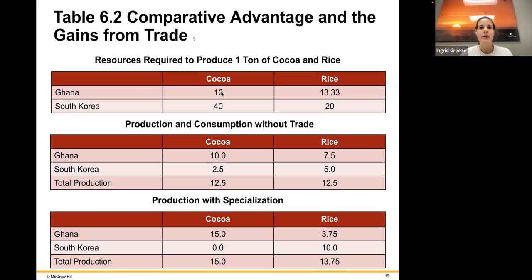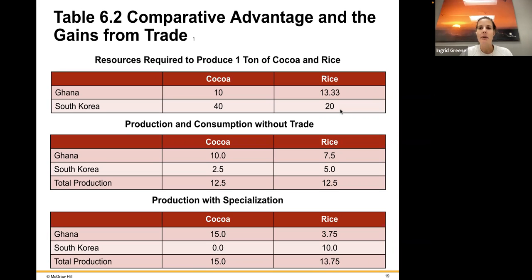From Ghana, they would need 10 resources to produce 1 ton of cocoa and 13.3 resources for rice, etc. But as we move through and decide to trade, we see that Ghana can move their production with specialization from 10 to 15 tons, so they can produce more because they're specializing in one particular area, becoming more efficient, which we'll talk about how that works in a minute.